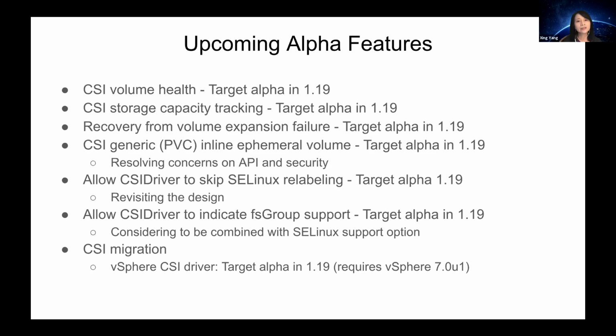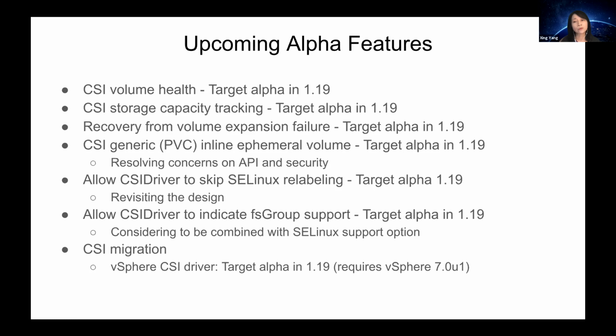And the next one is CSI storage capacity tracking. This allows the CSI driver to report capacity, which is associated with the node topology and the storage class. We already have the get capacity RPC in the CSI, but we are adding a new API object in Kubernetes called CSI storage capacity.